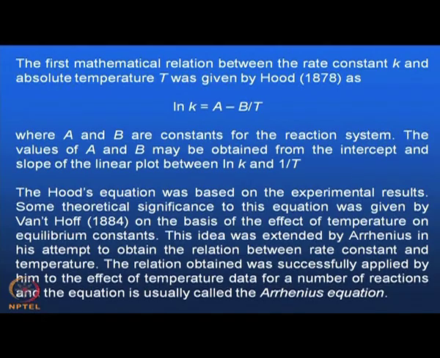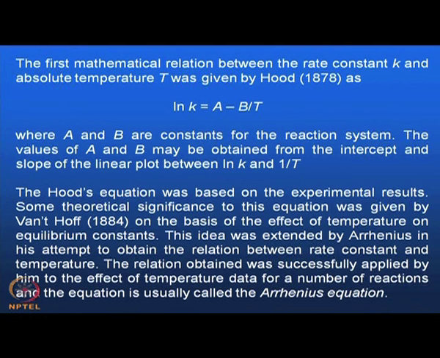Equilibrium constants are very sensitive to temperature. If you change the temperature, the equilibrium constant will also change. Since equilibrium constants are affected, he tried to explain on the basis of this observation. This idea was further extended by Arrhenius in his attempt to obtain the relation between rate constant and temperature.